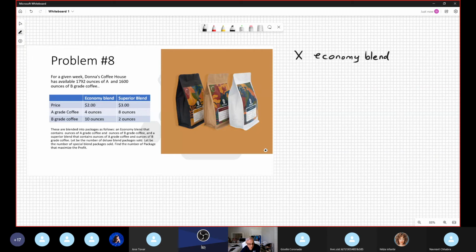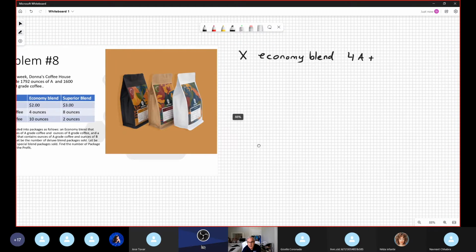By the way, for the economy blend, you take 4 ounces of the coffee A, mixed with 10 of the coffee B. I say this according to the table.